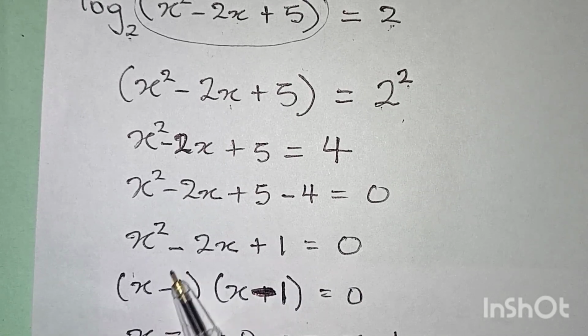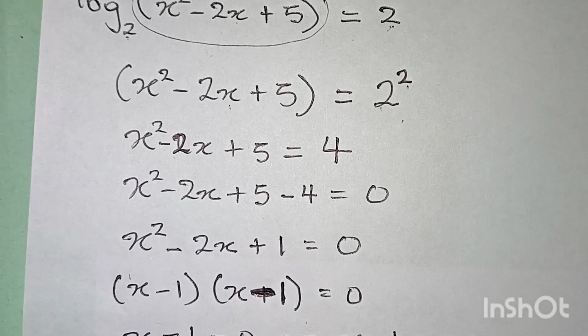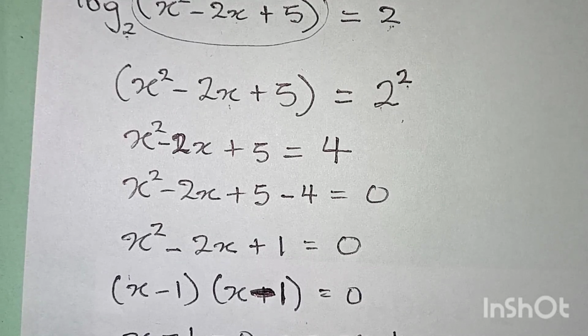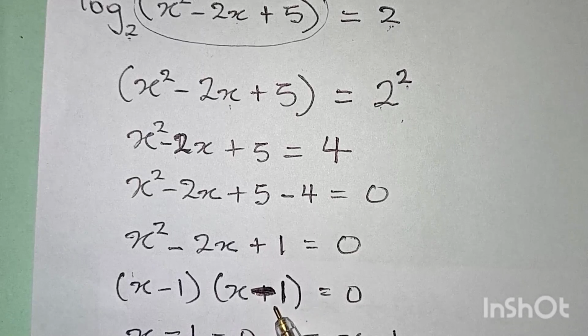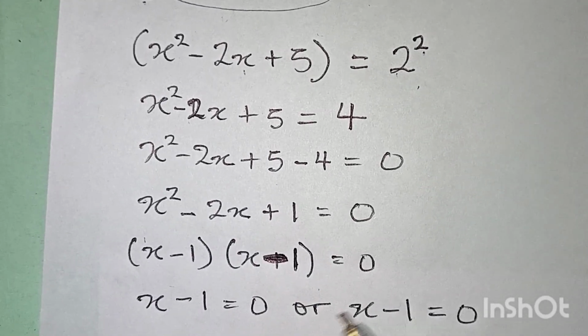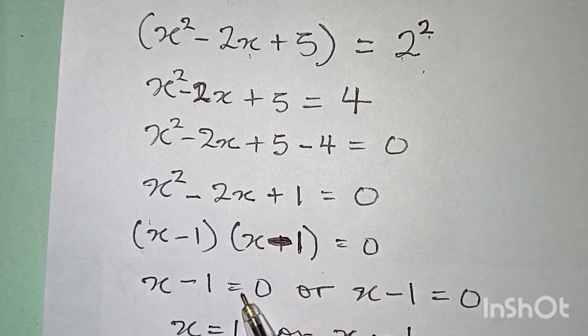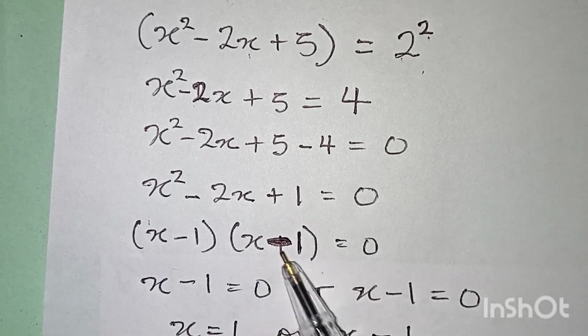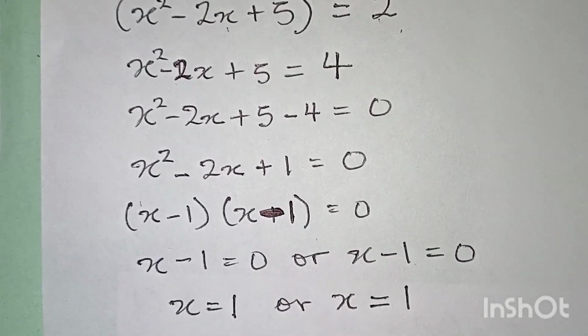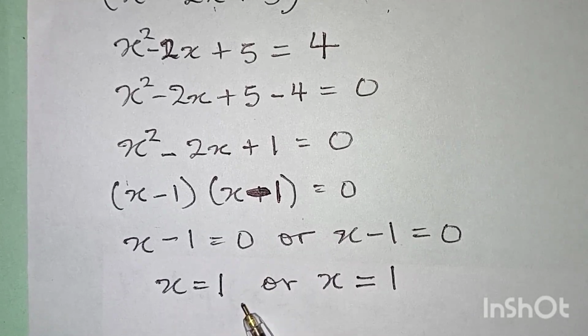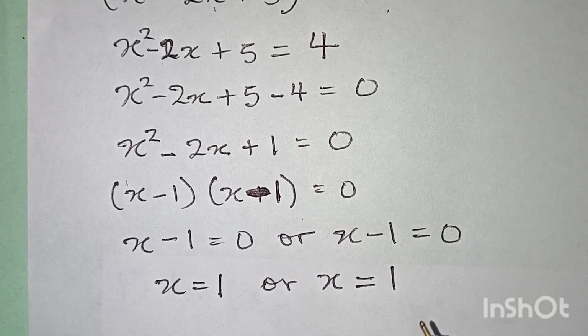That is, you are owing 1 naira, you want to borrow another 1 naira. How much are you owing altogether? That is minus 2. So we now know the expression to put minus. So the last stage, x minus 1 equal to 0 or x minus 1 equal to 0. You move it here, x is equal to 1 and x is also equal to 1.